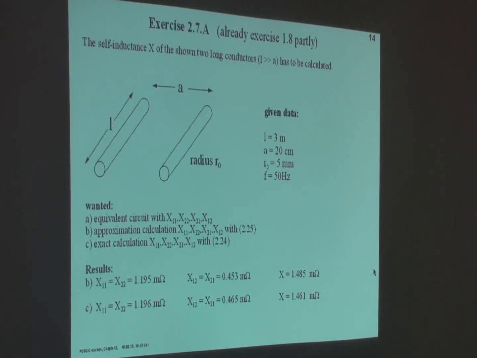Here we have two parallel conductors. They are parallel. And we have here G12 and we have G11. Now we have a G12 and a G11.